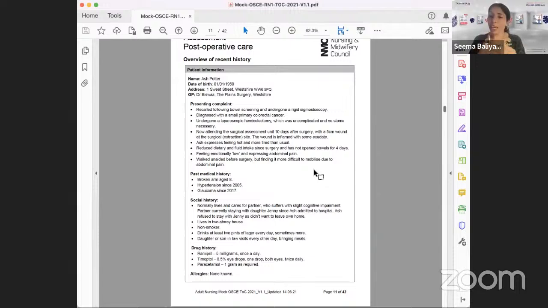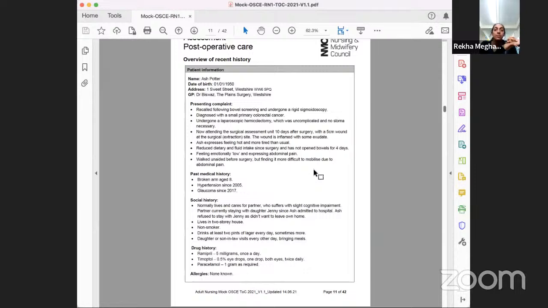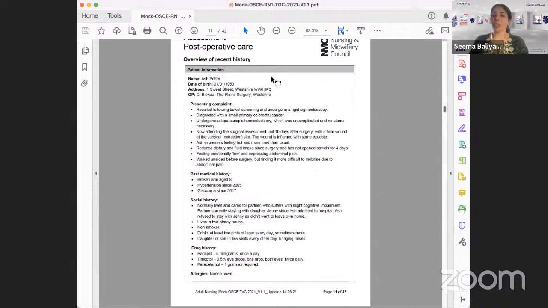When you do it, you ask the name, date of birth, and the hospital number. Remember, this patient is in the hospital. Although over here they have not written the hospital number, it is going to be there, and you are going to check it against what the patient is telling you verbally.